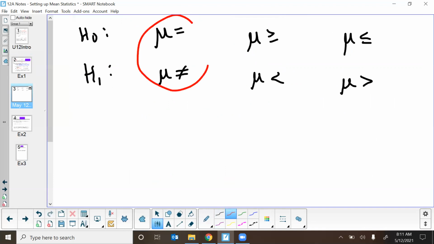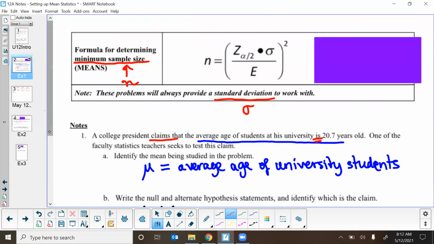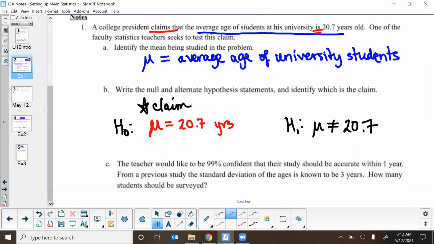Just like with proportions, these guys go together, and the null has an equals, and the alternate does not have any part of it being equals. So not greater than or equal to, not less than or equal to, and then not equal, just like with Unit 11. Okay. So that's our claim, and that's our null and alternate.